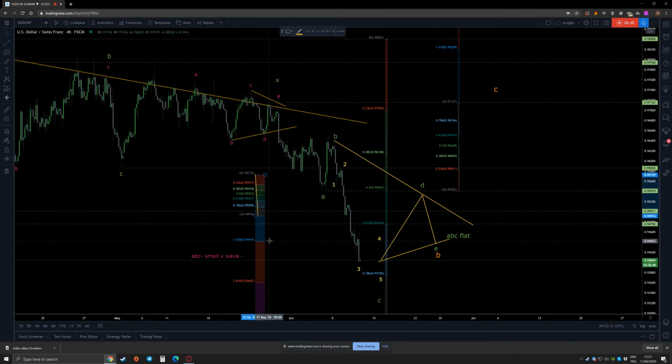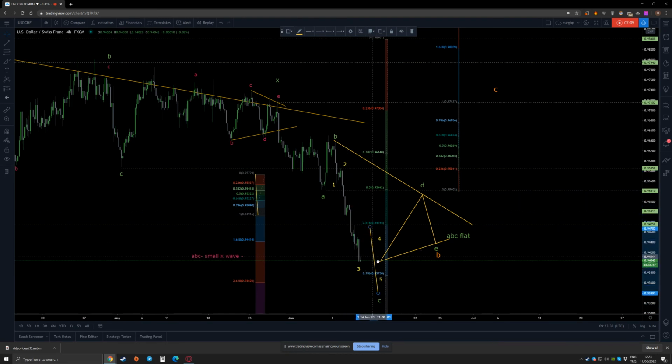Okay, here's the tricky part. What we cannot know, why this is hard. Well, look, the price has already done more than the requirement of 1.618, okay? But how do we know that the first wave is the second largest wave? Because we didn't see the fifth wave yet.